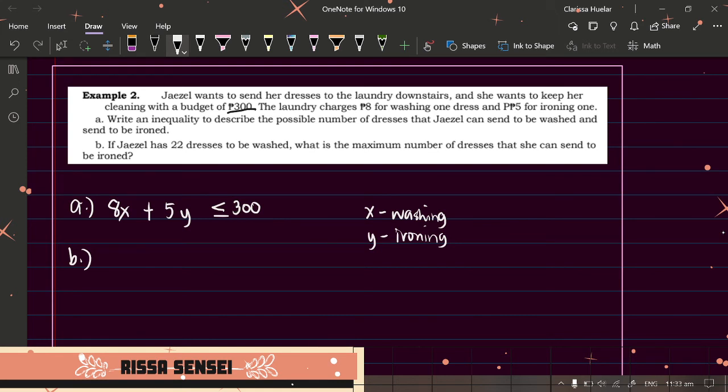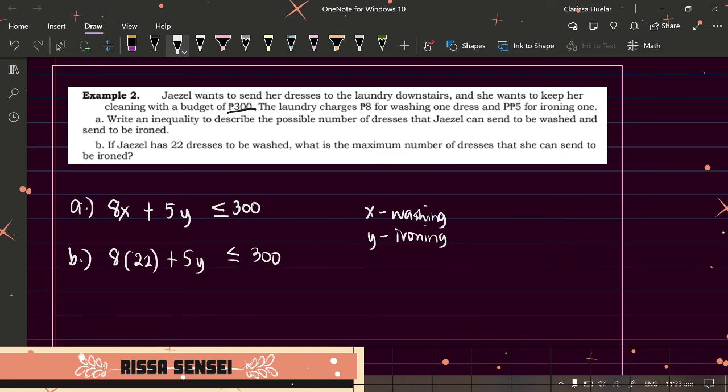What is the maximum number of dresses that she can send to be ironed? So, how many can she iron? So, we change X to 22. 8 times 22 plus 5Y. We want to know how many she can iron.